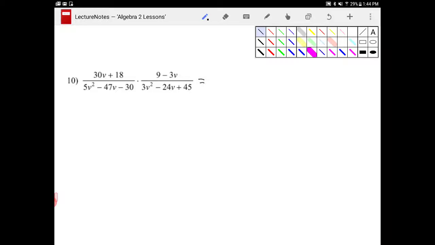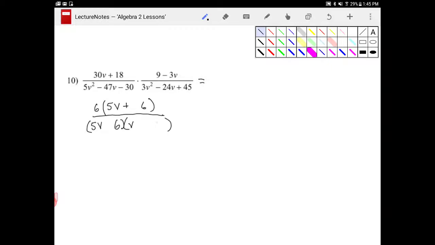I immediately noticed that I can factor out a 6, so I get 5v plus 6. And in the denominator, I can factor that to be 5v, v. I need 30 at the end, so it has to be 6 and... 6 and 10?